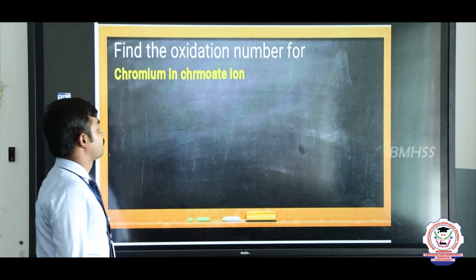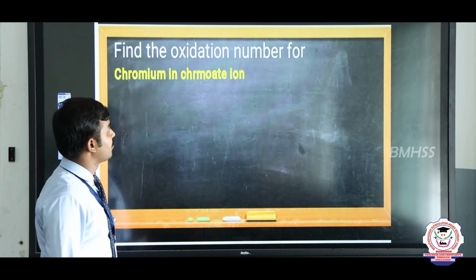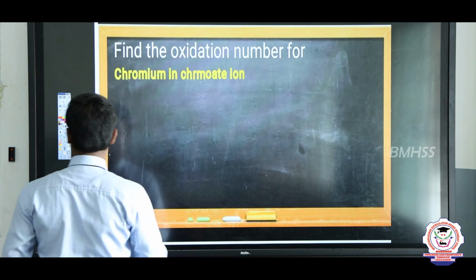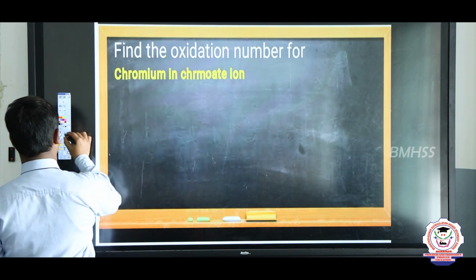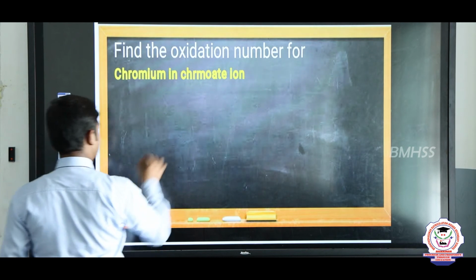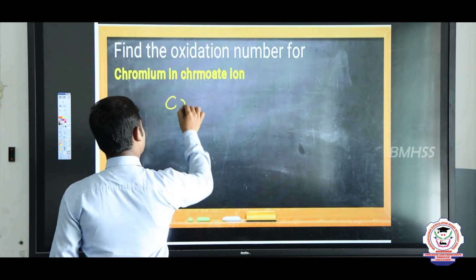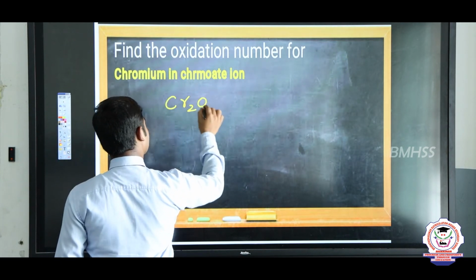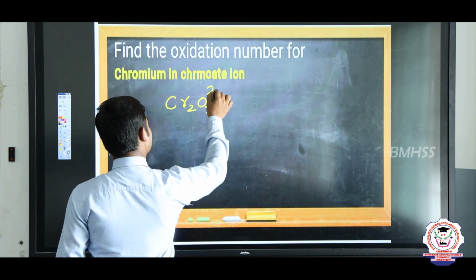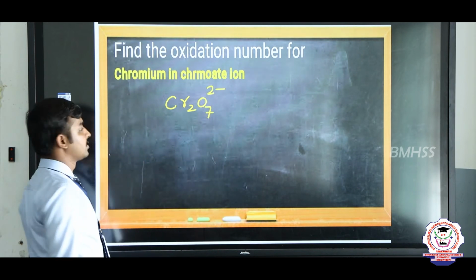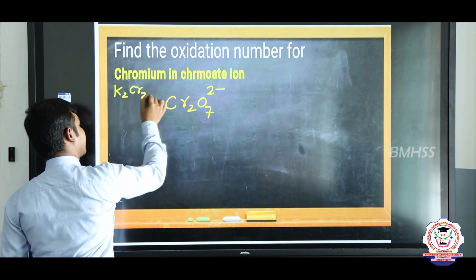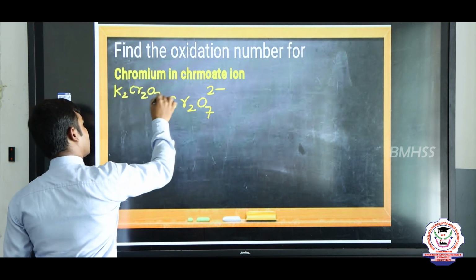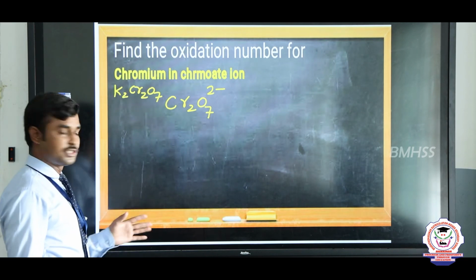Find the oxidation number for chromium in the dichromate ion. We need to find the oxidation state of chromium in the ion Cr2O7 2 minus. You already know the compound potassium dichromate, K2Cr2O7. Its oxidation state is 0.